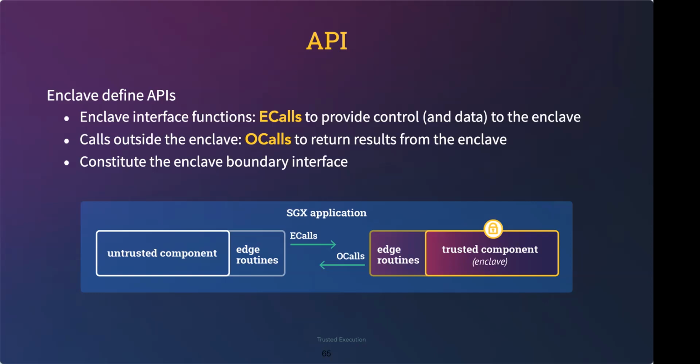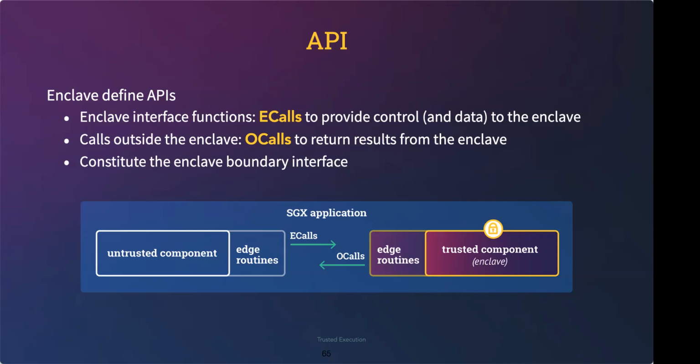So as a defender, as the owner of the code that runs in such a trusted component, I need to make sure that only certain functions can be called with certain input data, and I validate all the input data. I only let certain function calls be performed, and in this way I can do access control to my enclave. In Intel speak, these are E-calls.